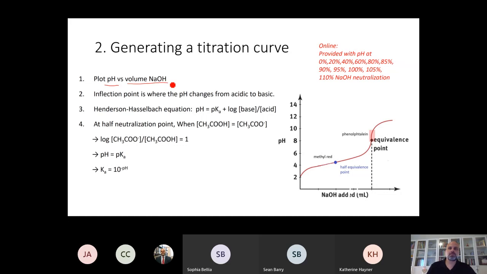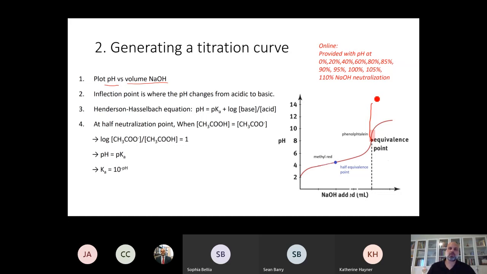that we're adding. In the last experiment, we added sodium hydroxide until we saw a color change. That color change came about at this point here, right at the equivalence point.